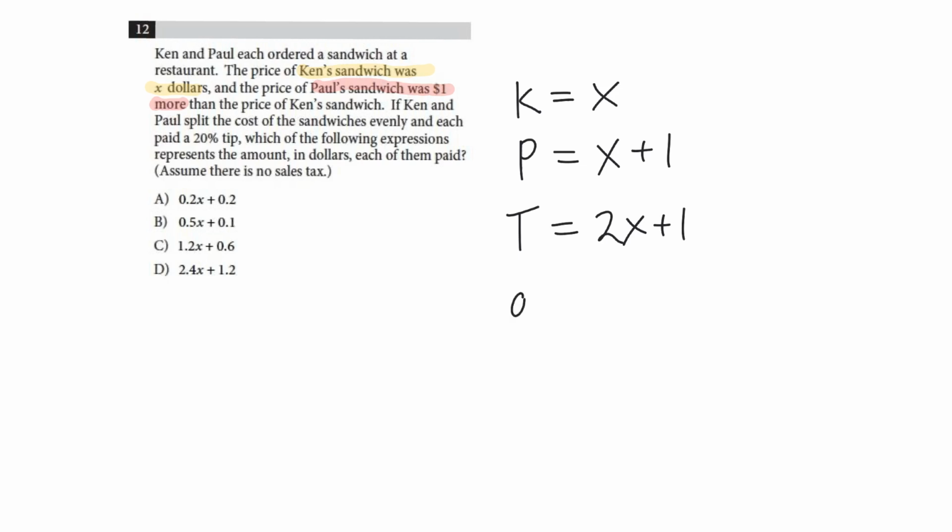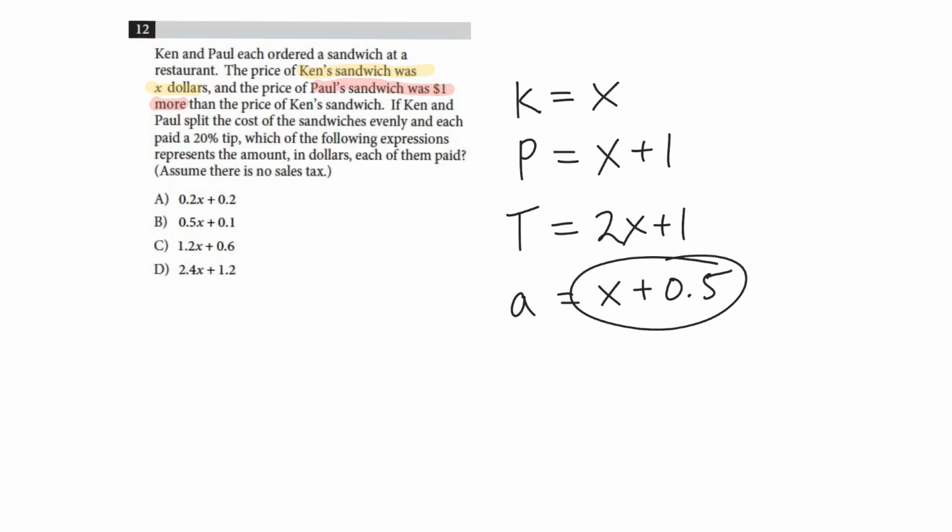I'm going to use A. They're each going to pay half of the total, which is going to be x plus 1/2. It looks like we're in decimals over here, but that's fine. It's going to be x plus 0.5. Okay, and if they each paid a 20% tip on top of their bill, well, it's going to be their individual bill times 1.2, because it's greater than 100%, right?